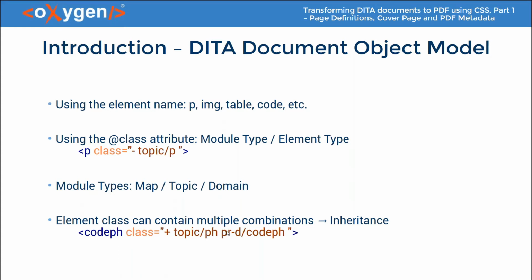More specifically, it's from the programming domain of DITA and from the code phrase element. I just need to understand from this that the code phrase element is a child of the phrase element. So it contains all the kind of stuff that the phrase can be, but it's more specific to be used in a programming domain document.